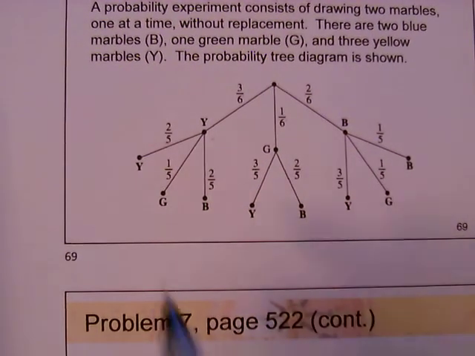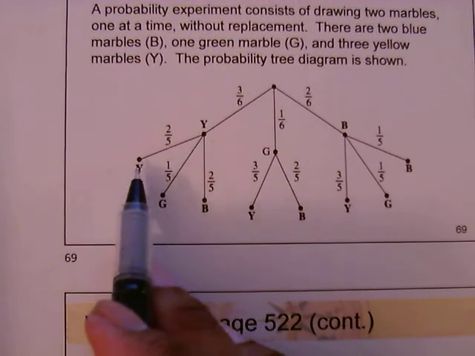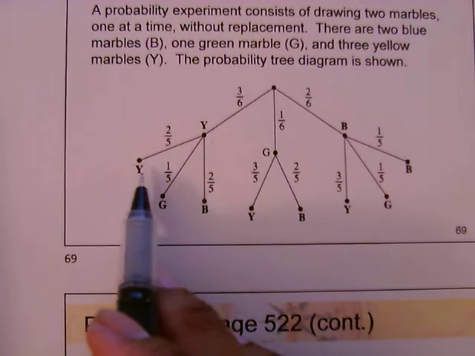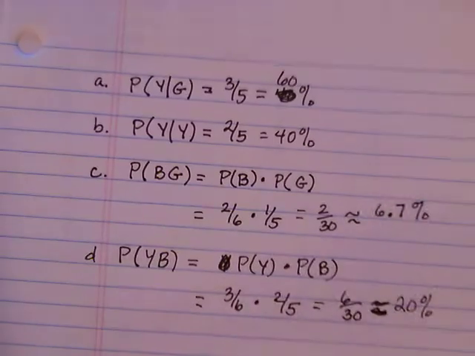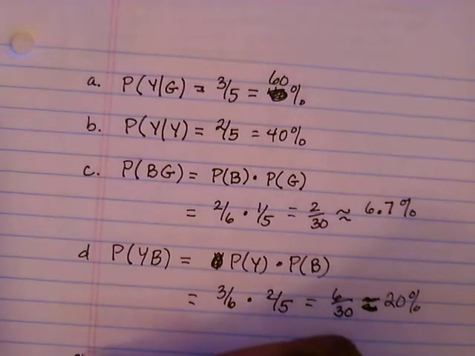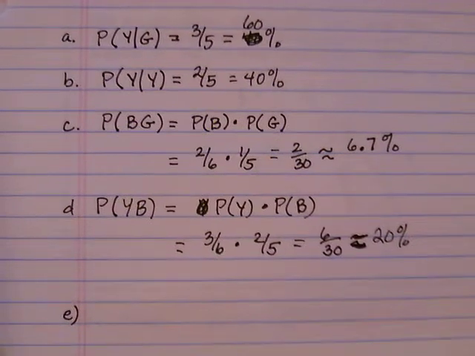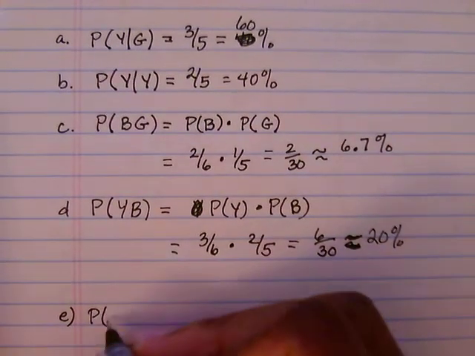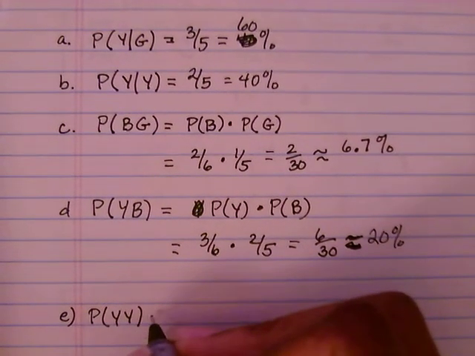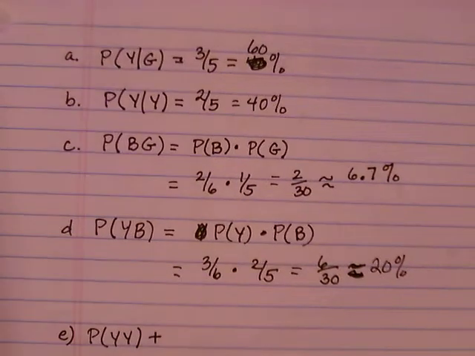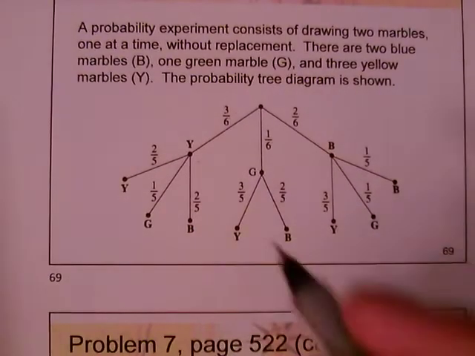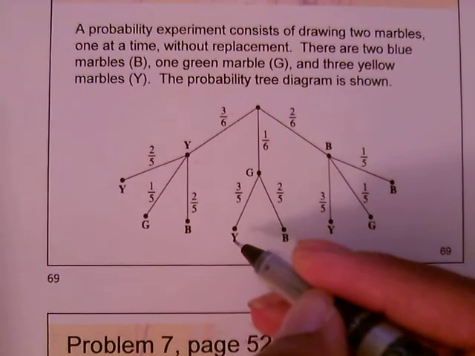Right here, we get the second marble being yellow where the first marble is yellow, so we have to look at the probability for the first being yellow and the second being yellow, plus here's another possibility here for a second marble being yellow if the first marble is green.